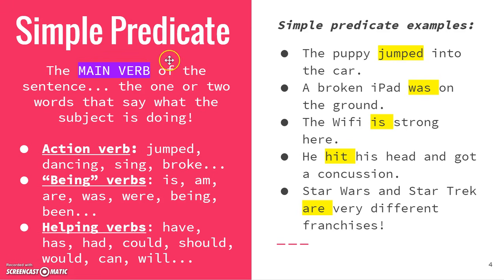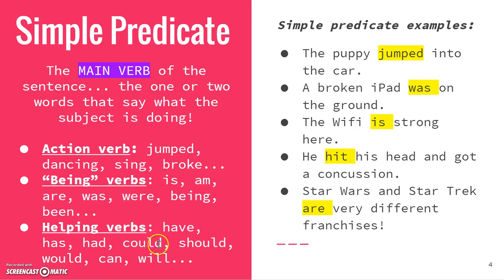A simple predicate is just that one main verb of the sentence, or sometimes two words, especially if there's a helping verb happening. As a reminder, verbs could include your traditional action verbs, jumped, dancing, sing, broke, or anything where the subject is actually doing something, as opposed to being verbs, like is, am, are, was, were, be, being, been, and then you start to get into helping verbs.